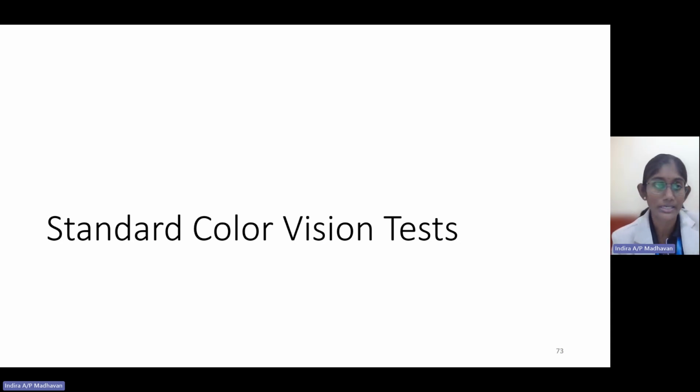As you know, we're going to have the lab session, so the interpretation will be explained in detail during the lab session. We're going to look at one by one what color vision tests are available. In this video, I'll be covering the booklet color vision test. The next video recording is going to be the diagnostic one.